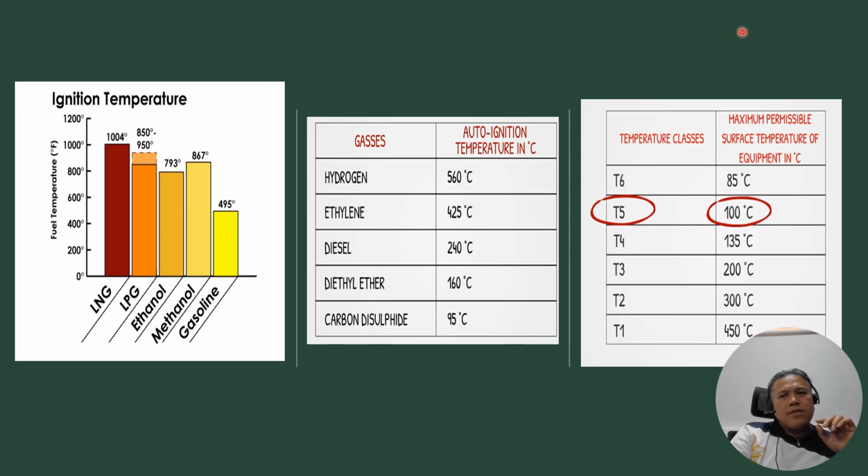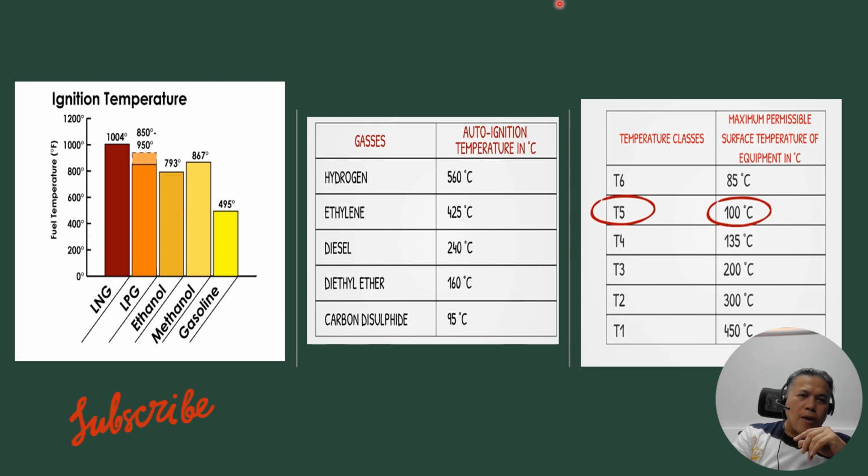The T class of an electrical device becomes critical when the device is exposed to an explosive atmosphere. Therefore, we need to identify and know our auto ignition temperature.